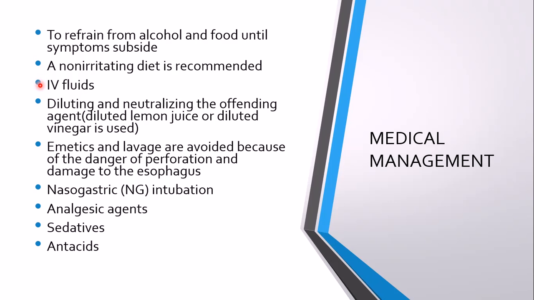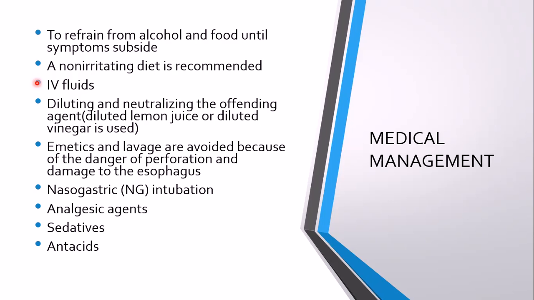So why are we giving IV fluids over here? It's not diarrhea, but still we are giving IV fluid. Of course we need to, because the person will not tolerate oral fluids, right? They won't feel like taking anything by mouth, because ultimately it has to go in the stomach, and the problem is actually in the stomach. The person will themselves say no, I don't want to have water, I don't want to have food.